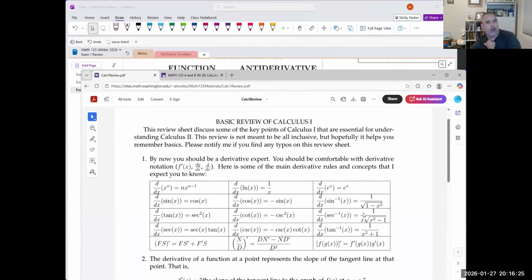I don't usually list all 6 inverse trig because it's very rare that I've used more than just this one and this one. I did notice on a couple of the other instructors' old first midterms that a few of them have arcsine, but I've never seen on any of our old first midterms anything other than those two. I like to limit myself to what you've used in the homework.